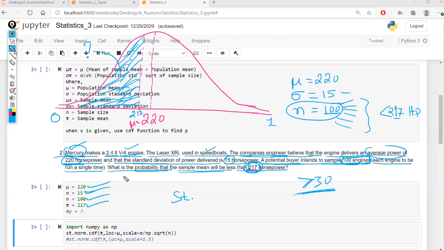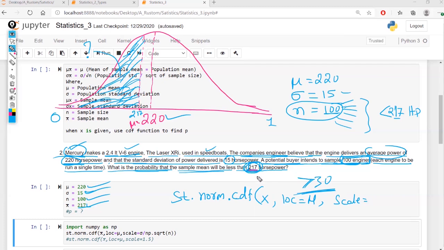All right. So I'm going to use the same formula, st dot norm dot CDF, cumulative distribution function, and here x data is given, right, and comma location, mu, is also given, 220, and scale. So for scale, here we don't have a sample standard deviation because we are going to check the sample.